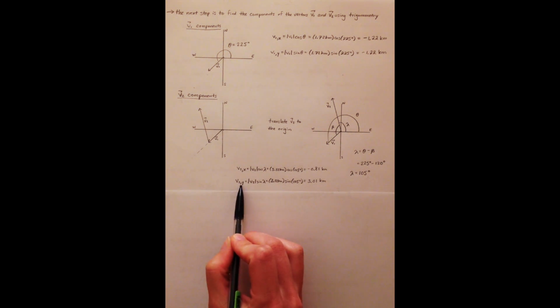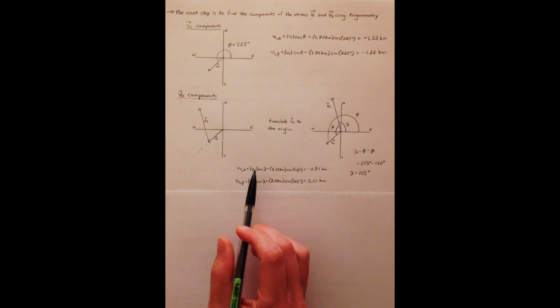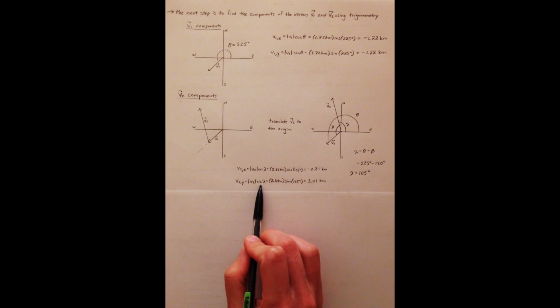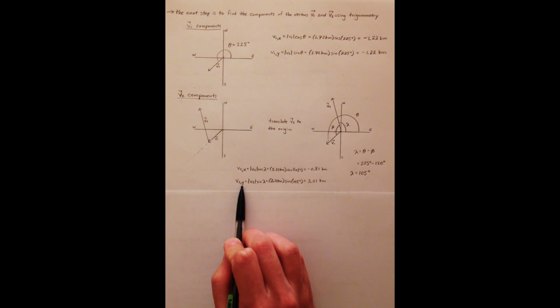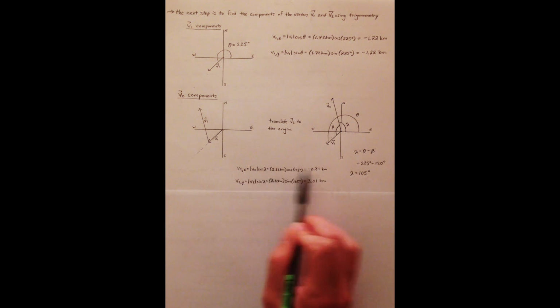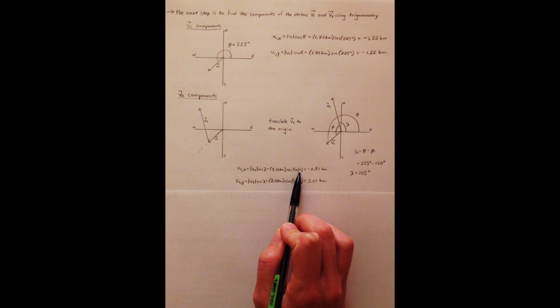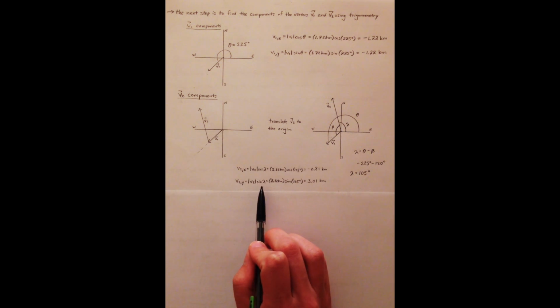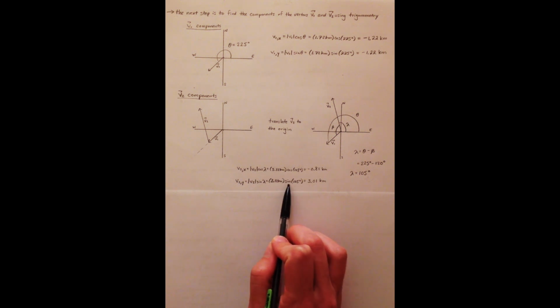At this point, all that's left to find the x and y components of the vector v2 is to take the magnitude of v2 and multiply it either by cosine to get the x component or sine to get the y component. So we take the magnitude, 3.12 kilometers, multiplied by cosine of lambda, which we found was 105 degrees, to get the x component, and to find the y component, we take the magnitude and multiply by sine of 105 degrees.